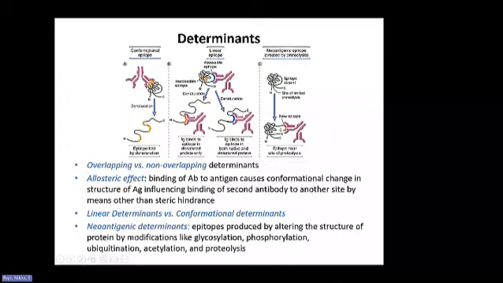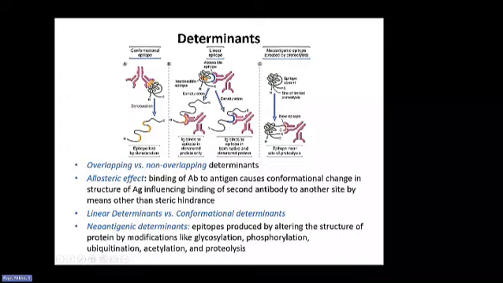So it's a conformational epitope, which means that if it's denatured, that structure or folding is lost, and that conformational epitope will be lost. Compared to a linear epitope, which doesn't matter if it's denatured or not, that part of the linear epitope is going to stay the same and still be able to bind to the antibodies.